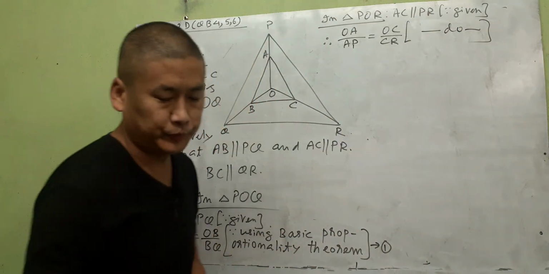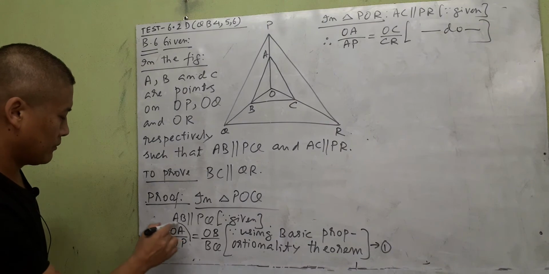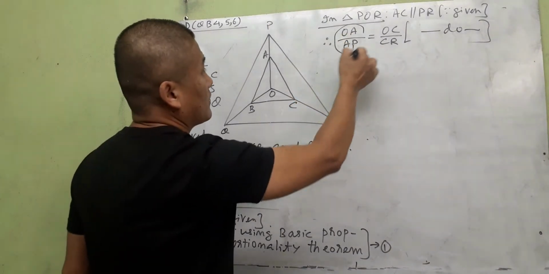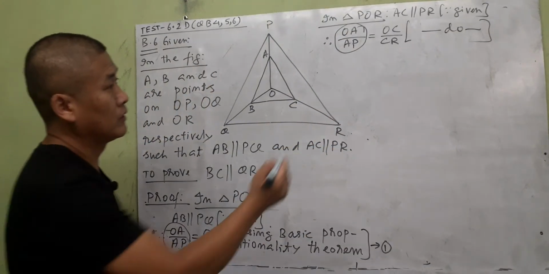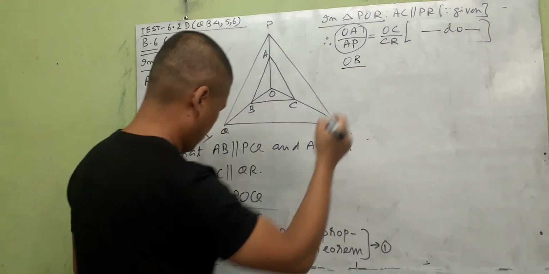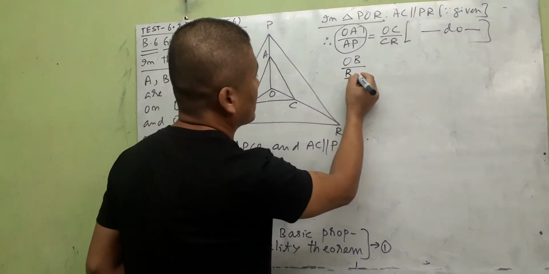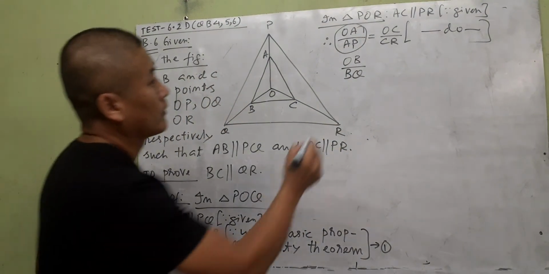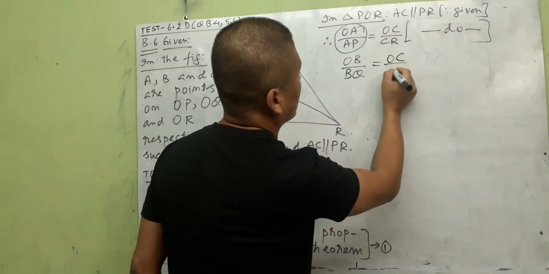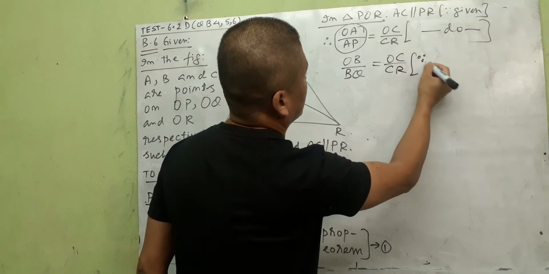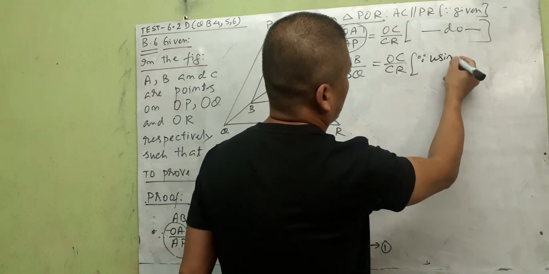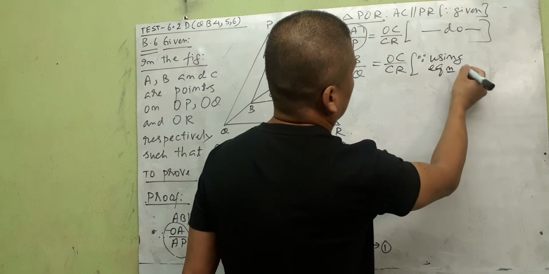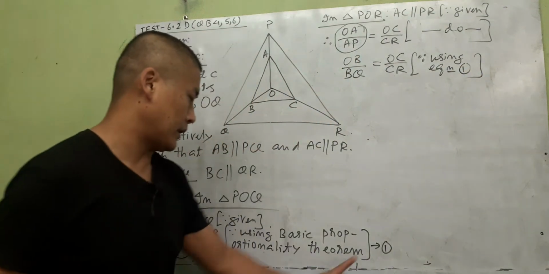Okay, then here you can see these two are the same, so this can be replaced by this value now. OB by BQ replaces this, because this one is equal to this, and will be equal to OC by CR, using equation number 1, as you can see here.